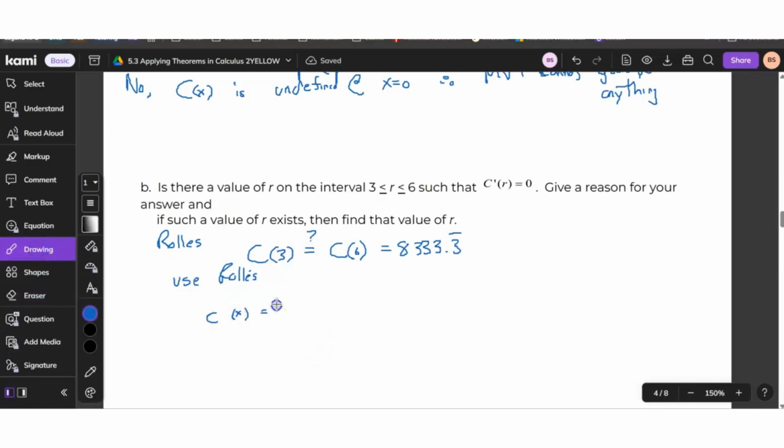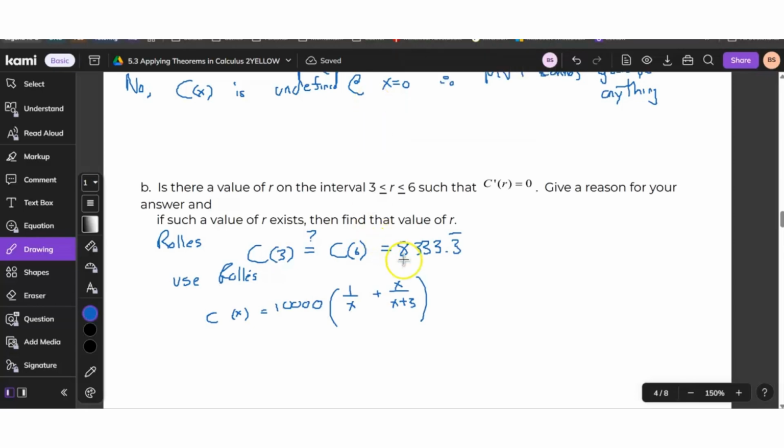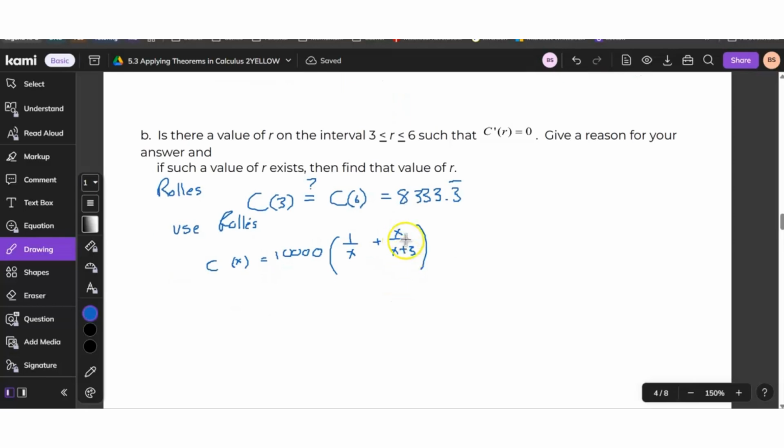So c of x was 10,000 times 1 over x plus x over x plus 3, which is actually a bit of a pain because we're going to have to take the derivative of both of these anyway. So let's rewrite this with a common denominator.